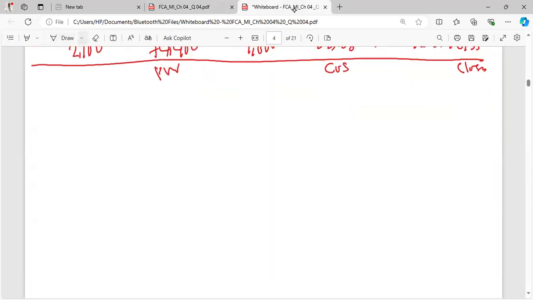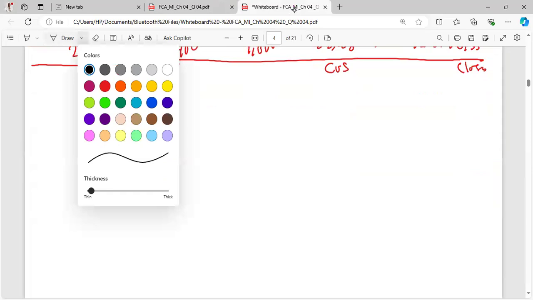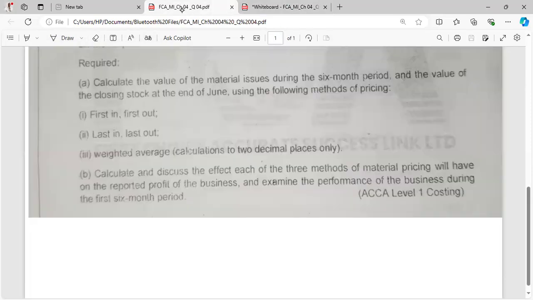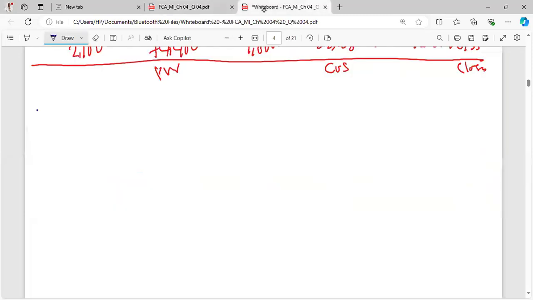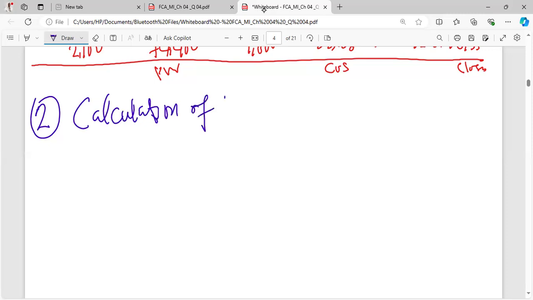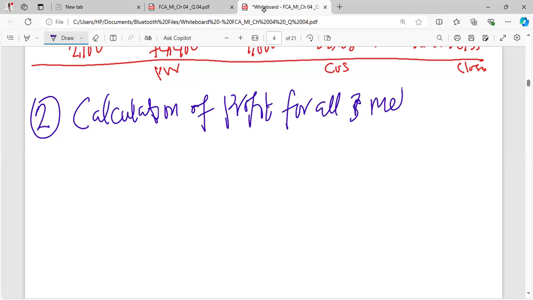So the next question here is part 2. Calculation of profits for all three methods.